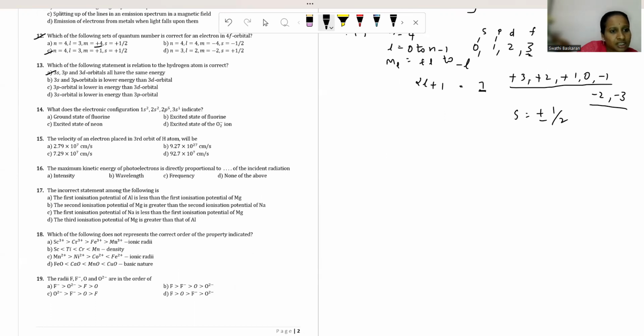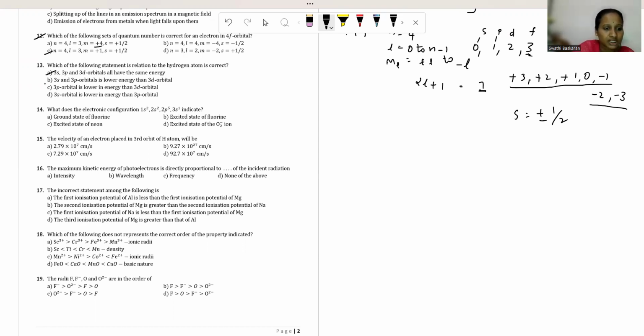So 3s and 3p orbital energy will be less only in case of multi-electron systems. In case of a one electron system, the orbitals having different azimuthal quantum numbers belonging to the same principal quantum number will all have the same energy in species having only one electron, especially the hydrogen atom.